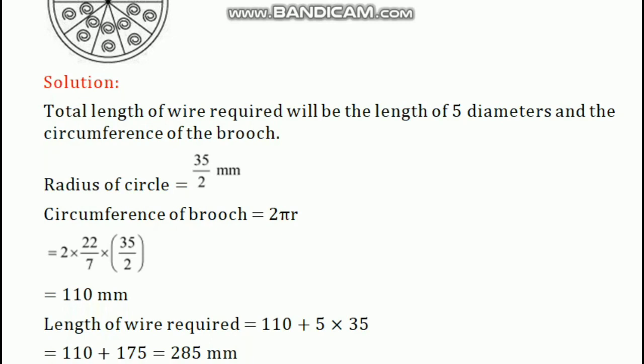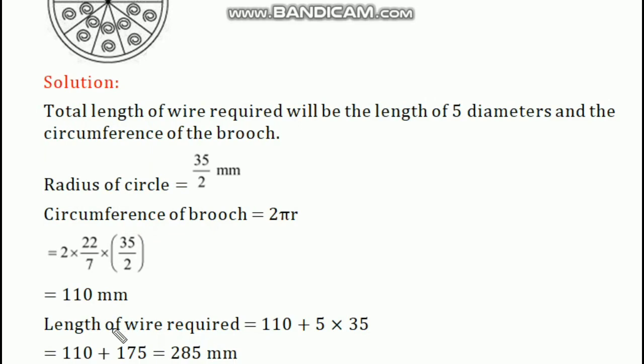We know that the radius of the circle is 35 divided by 2, because that is the diameter. So the circumference of the brooch or circle is 2 into 22 by 7 into 35 by 2, that is the radius. So the circumference of this brooch is 110 millimeter.